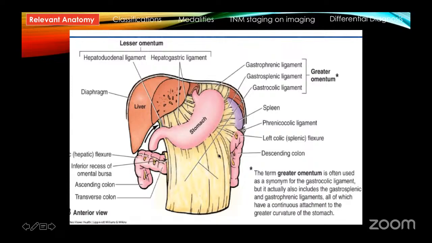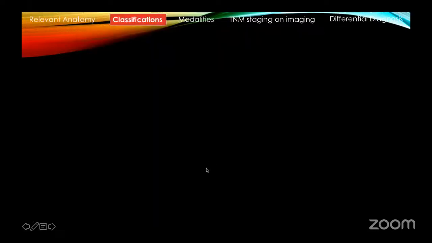But apart from this gastrocolic component of it, there are also two components, namely the gastrophrenic component and the gastrosplenic component. So these components together form the greater omentum.